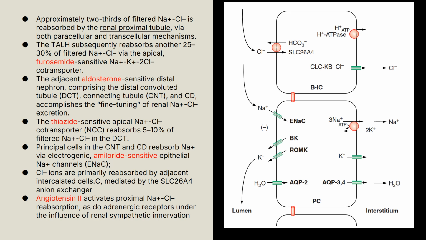So a block of either the ENaC channels or of aldosterone is going to subsequently cause a hyperkalemic state. We also see that the principal cells have aquaporin 2, 3, and 4 channels responsible for the reabsorption of free water into the interstitium and concentrating the urine, and these are controlled by the V2 receptor of the AVP hormone.